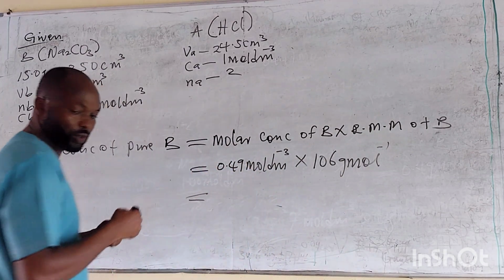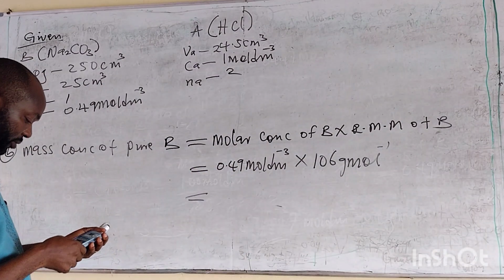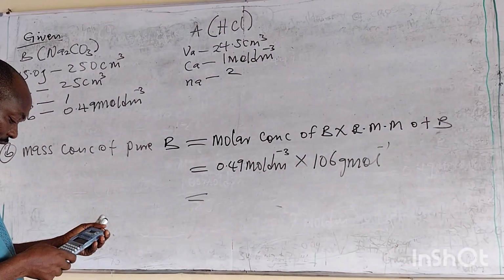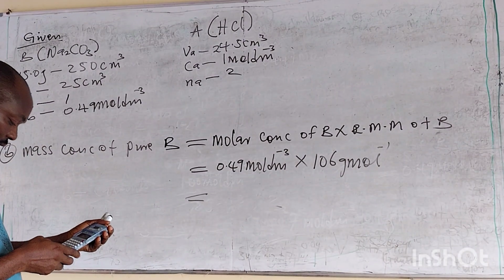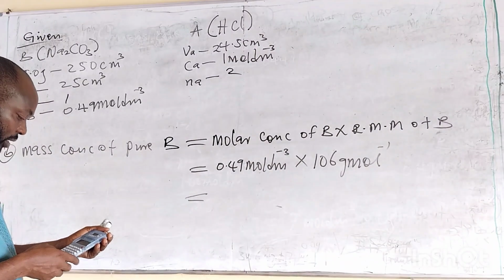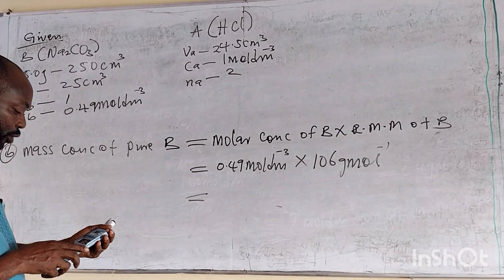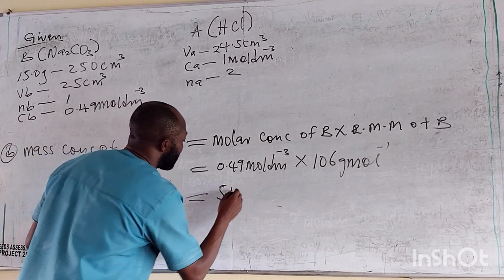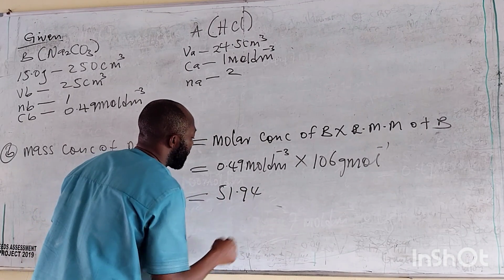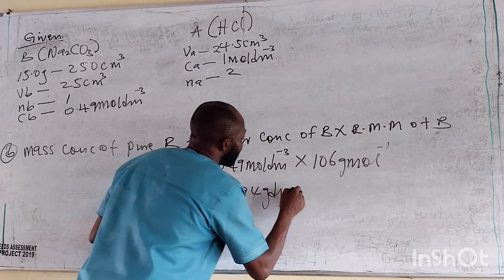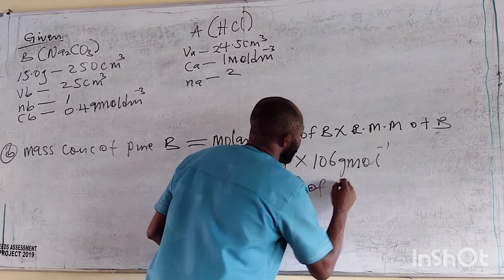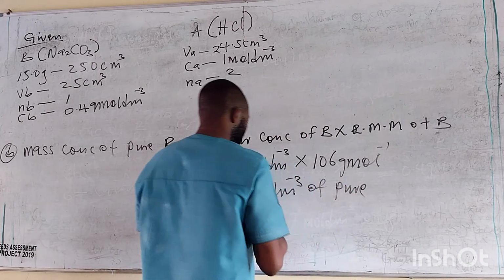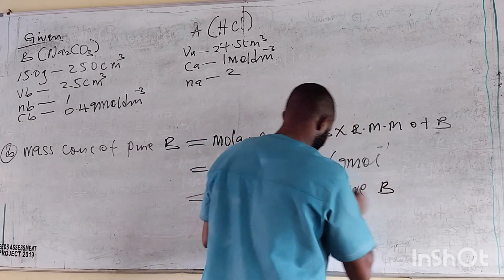So this is equal to, let's see, 0.49 times 106, 51.94, that's very high. 51.94 g/dm³ of pure B.